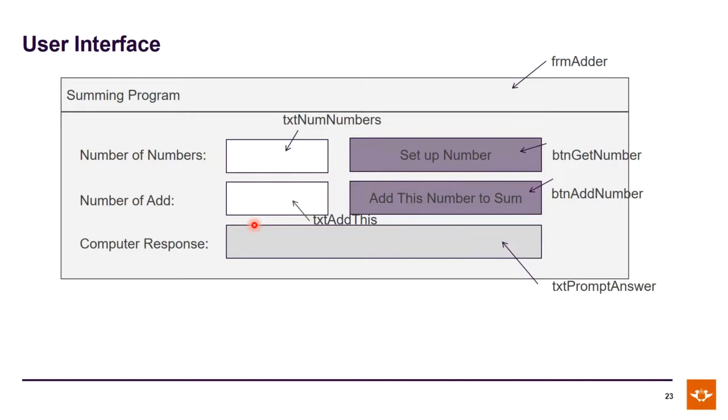Because while you're busy dragging and dropping controls onto your form, do you know, before you start running the program, how many text boxes you have to put up there? No, because for all we know, the user was going to say, I want you to add 1 number. Then you go, cool, 1 text box. But if the user says 100 numbers, you go, oh, 100.